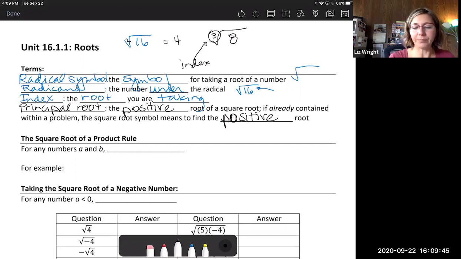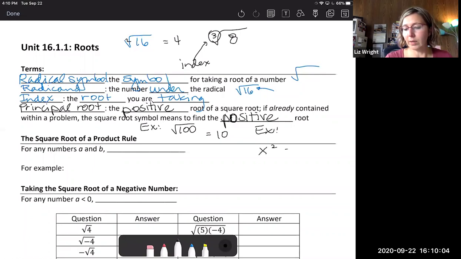So here's the difference. If you were given this example, and I said, take the square root of 100, if that square root symbol is already in the problem, it's asking you for the principal root, the positive root, which is going to give you 10. If, however, you were given this example, x squared equals 100, and I said solve for x, you would take the square root of both sides, and when you're inserting the square root into the problem, you have to account for both the positive and the negative versions of that answer.